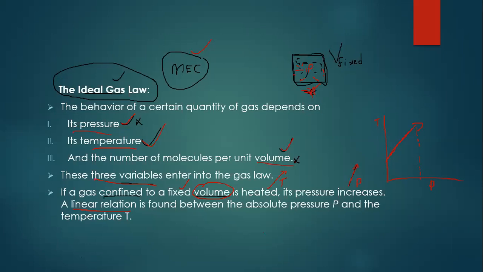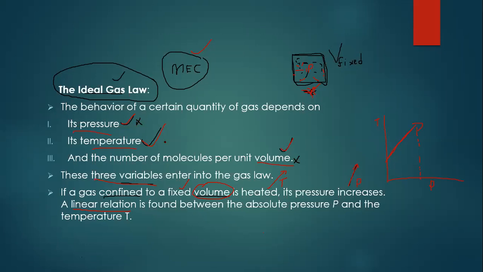In the first premise, we removed volume out of the equation by having a fixed volume. In the second premise, we removed pressure out of the equation by maintaining a fixed pressure.